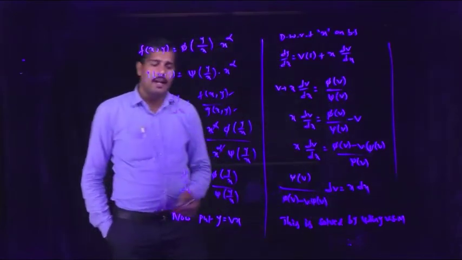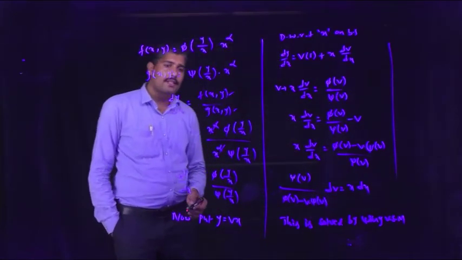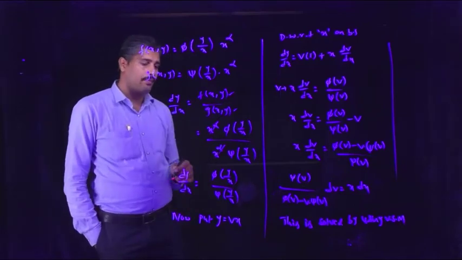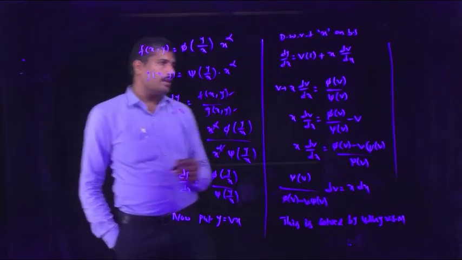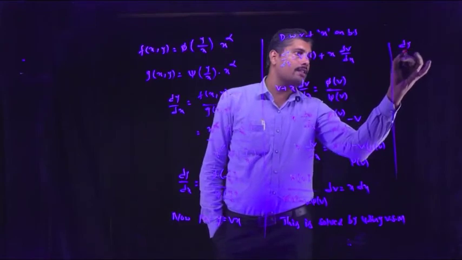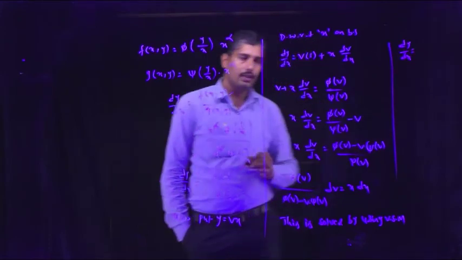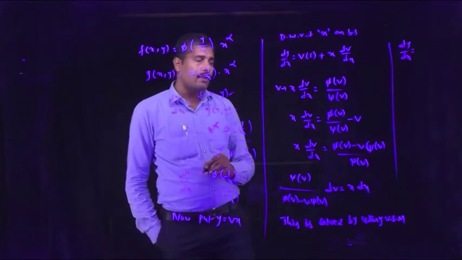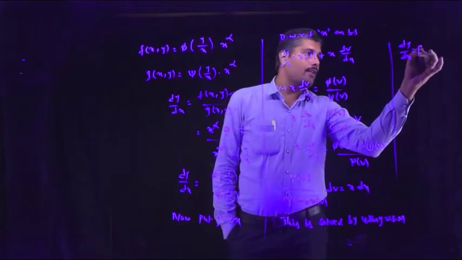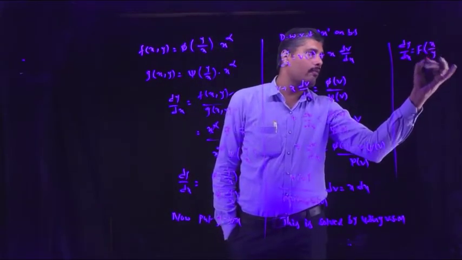Suppose dy by dx equal to f of x comma y by g of x comma y. Suppose the function is like this, dy by dx equal to f of x by y.